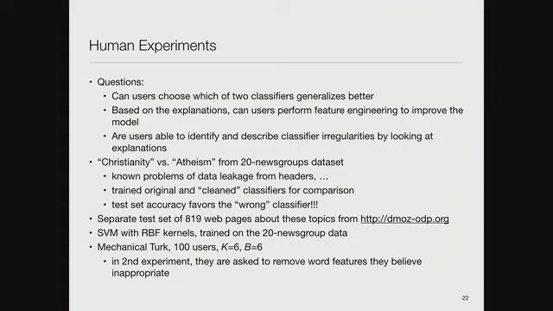And then they asked them to identify features that looked bad. They then ran this Christianity versus atheism test and had a separate test set of about 800 additional web pages from this website. The underlying model was a support vector machine with RBF kernels trained on the 20 newsgroup data. I don't know if you know that data set, but it's a well-known publicly available data set.